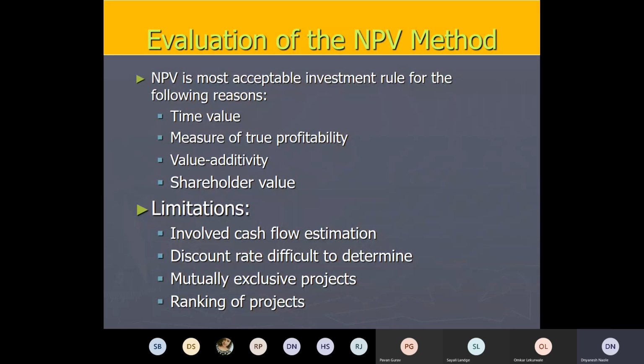Then mutually exclusive projects. In the case of mutually exclusive projects, if they have different time frames or unequal lives, then this NPV rule may not give unambiguous results. And the ranking of projects is also difficult if you change the discount rates. It has been seen that if the discount rates are changed, the ranking of the projects also changes. For example, the project ranking is reversed when the discount rate is changed from 5% to 10%.